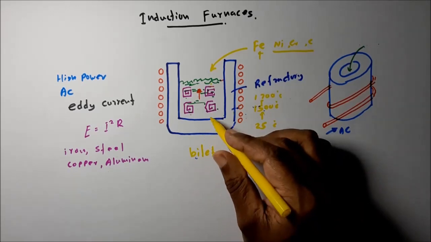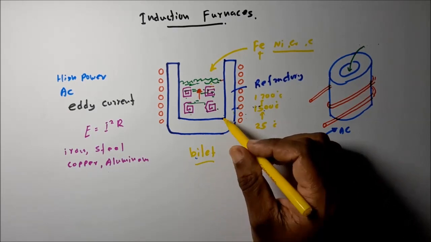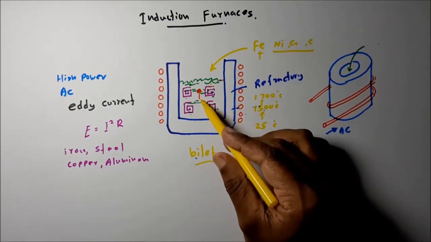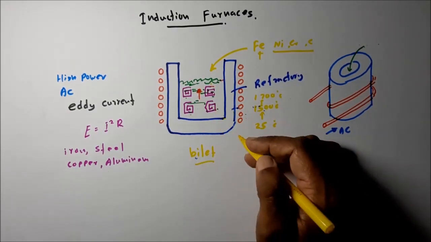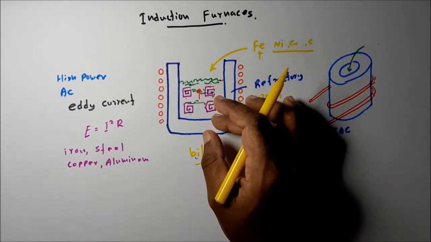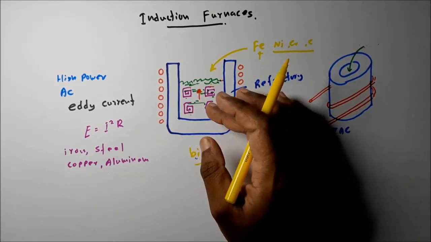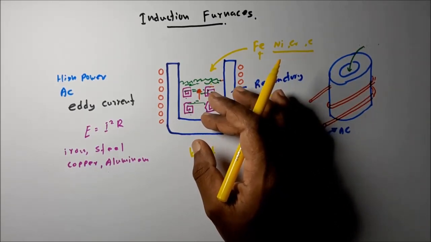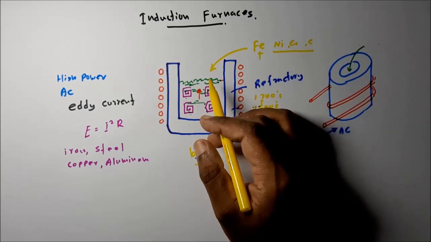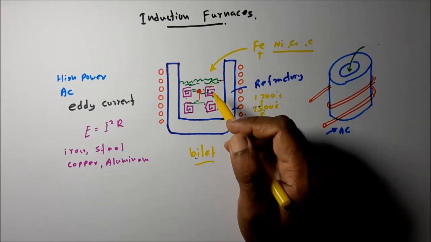Also, specific types of cutting tools are manufactured using induction type furnaces, and also the materials required for electronic components, and the specific metals required for specific projects.